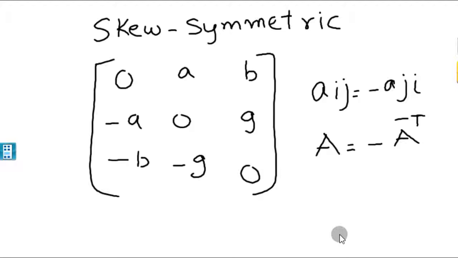A matrix A is said to be skew symmetric if for all its elements Aij equal to negative of Aji, or in other words, first row second column element must be the negative of second row first column, and so on.